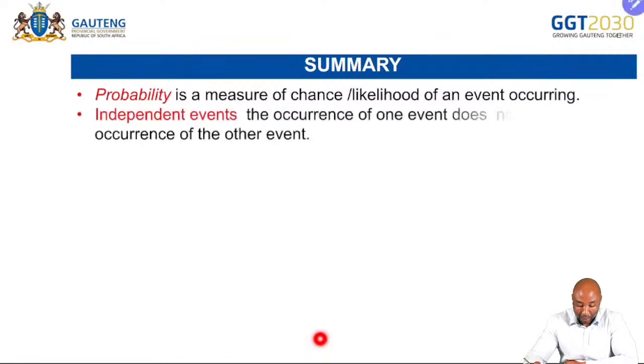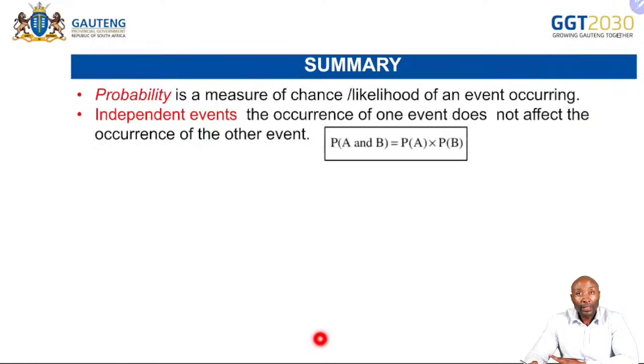We should also be able to recall that for independent events, the occurrence of one event has no influence on the occurrence of the next event.